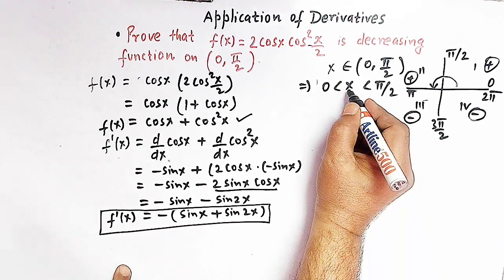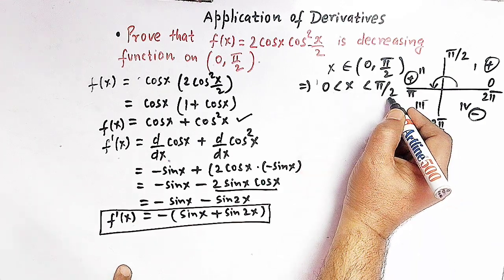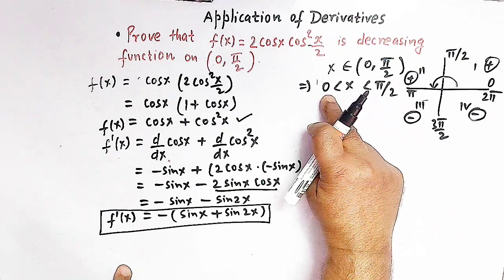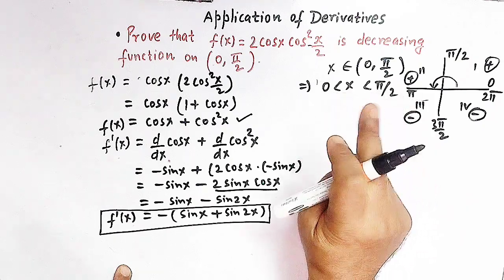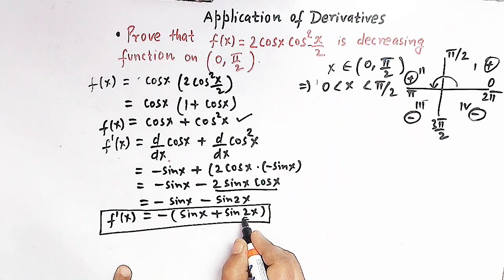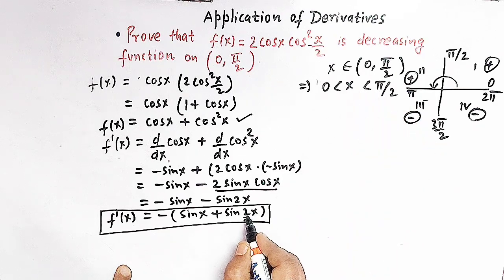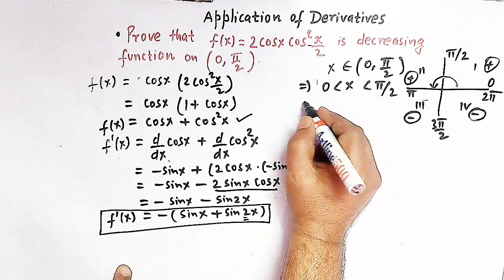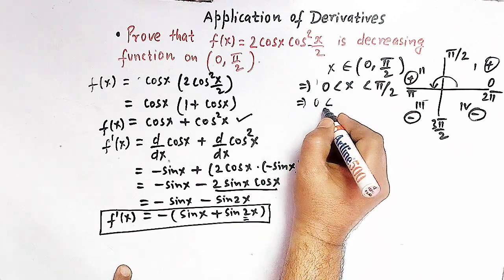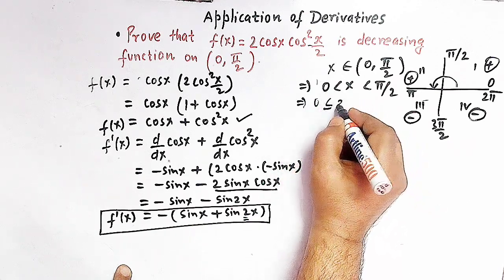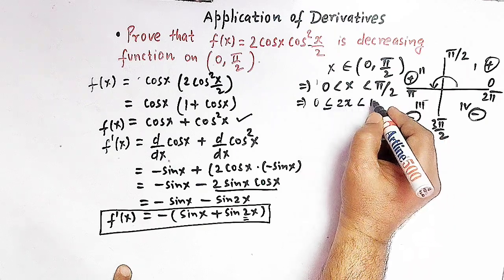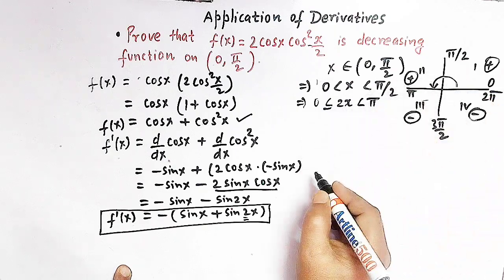So now we have x greater than 0 but less than pi by 2. So let us multiply this inequality throughout by 2, because here we have sine 2x. So we need to find out the interval for the angle 2x. Here we have 0, that is 2 times 0 is 0. Here we have 2x, and here we have pi, because 2 and 2 get cancelled.